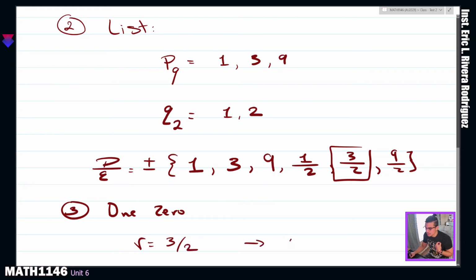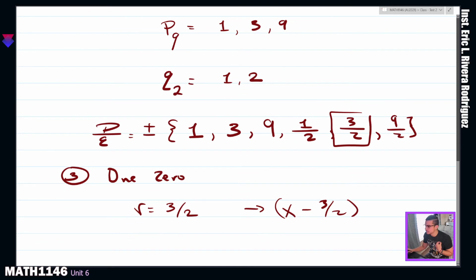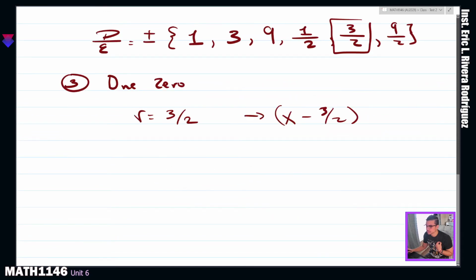So the linear factor is going to be x minus 3/2. I'm going to do synthetic division.